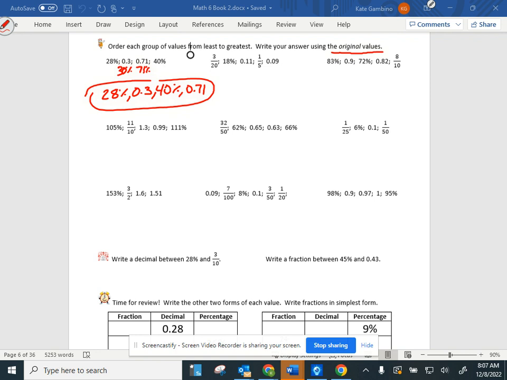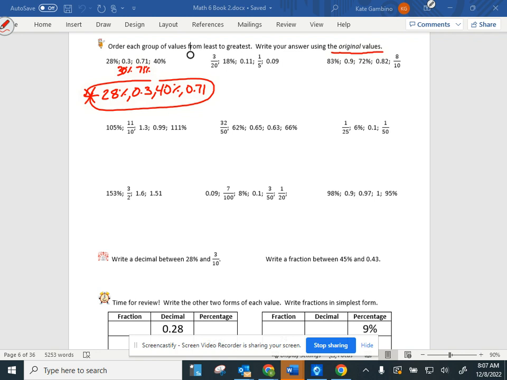For me, it was easier to convert to percentages. But if you want to convert them all to a fraction or to a decimal, it doesn't matter because in the end, you're giving me the original values. So whichever way is easier for you to convert to, do that.